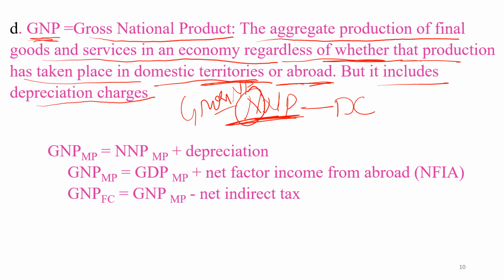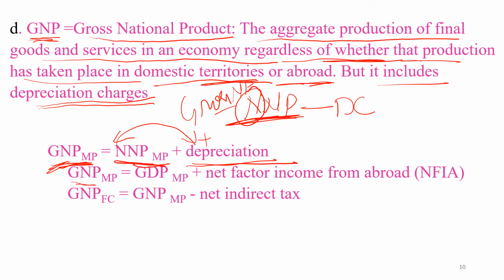In the gross, you know very well, we are going to include depreciation charges. You can see here, gross national product at market price equals net national product at market price plus depreciation. If you add depreciation to net, then you are going to get gross.